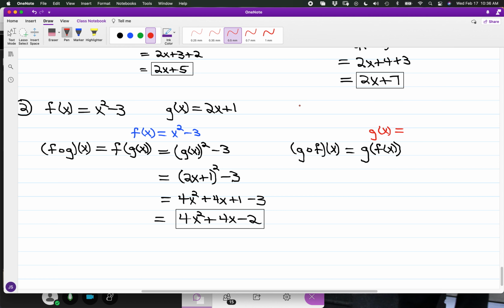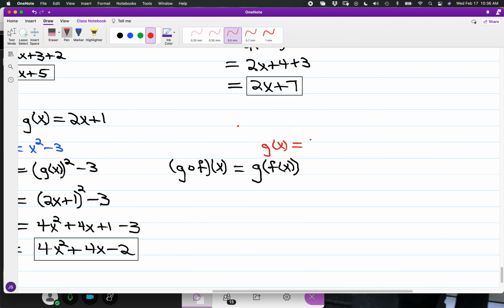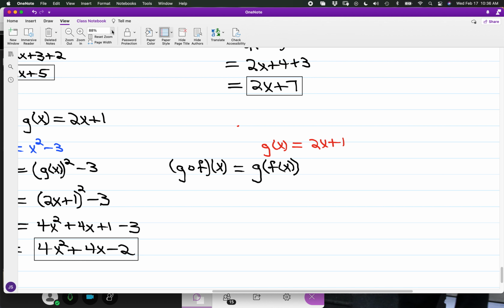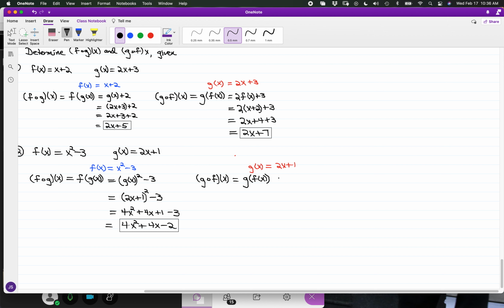Okay, so g of the input is equal to 2 times the input plus 1. And with the input at f of x, so I have 2 times f of x plus 1.